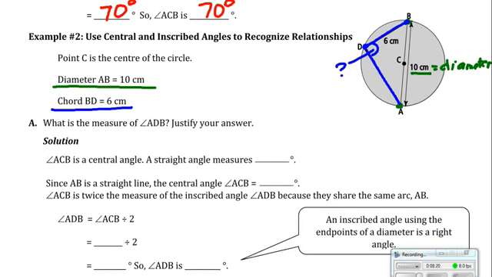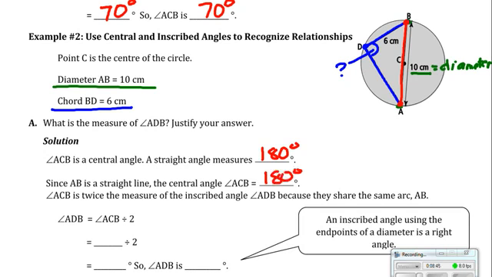And so ACB is a central angle. It might not look like a central angle because it's a straight line. A straight angle is 180 degrees. So since AB is a straight line, the central angle is 180 degrees.